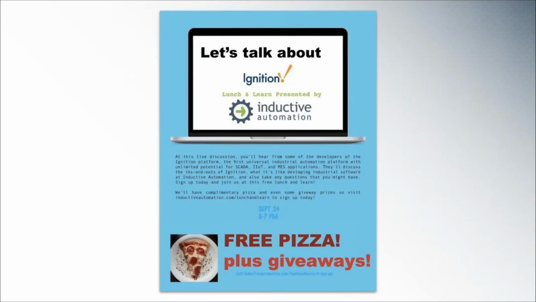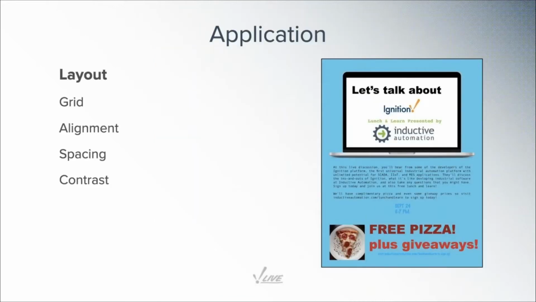So as you can see, this is a pretty extreme example of something that is poorly designed. We know that this flyer design isn't working, but let's talk about why. Let's unpack this in terms of the fundamentals that Steve was discussing. So first up, let's talk about the layout and specifically grid and alignment to kick us off. Because there's absolutely no alignment between anything in the design, we can't even really see a semblance of a grid at work.